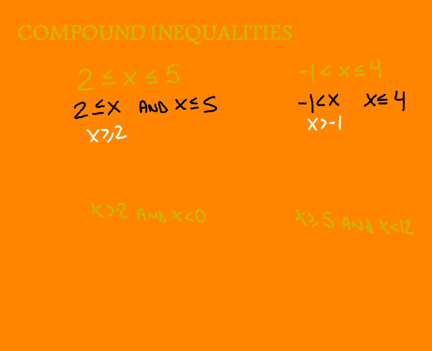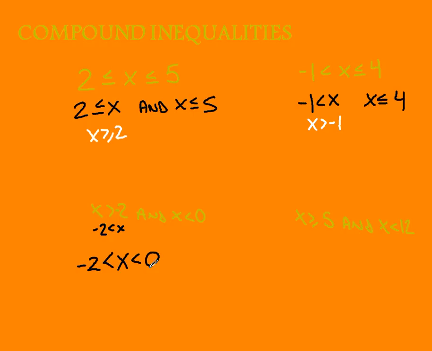The question you ask first: what's the smaller number, -2 or 0? -2 is the smaller number. So to make an inequality here, starting with -2, I need to flip this around. -2 is less than x. That's what I'm going to begin with. And now, if I ignore this first part, I continue with the second part of the inequality, which is already in order. x is less than 0, just like that.